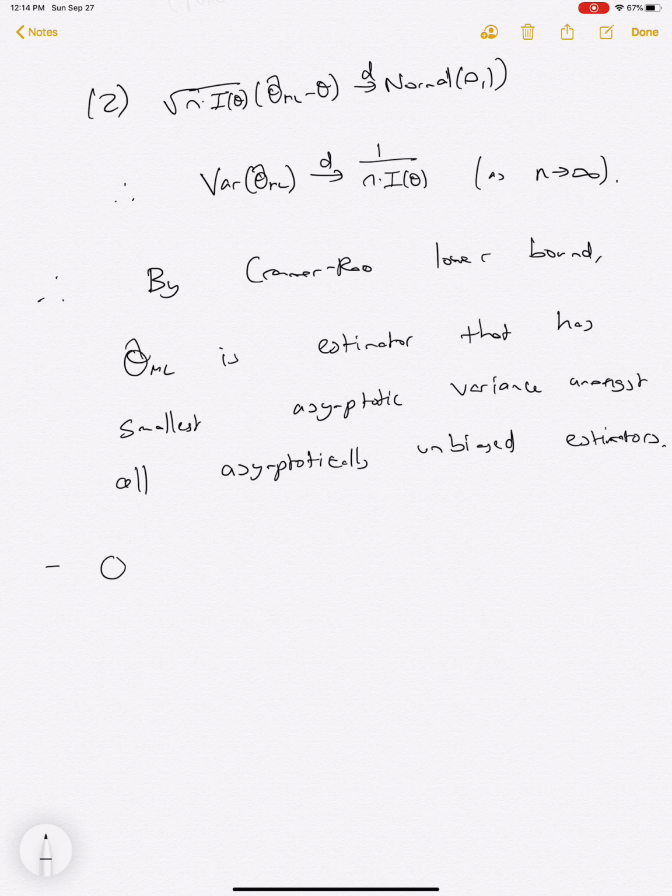So we can conclude theta hat ML is asymptotically optimal.